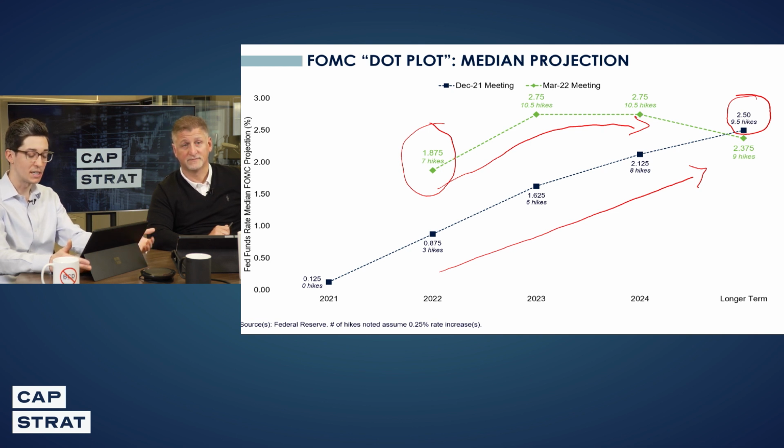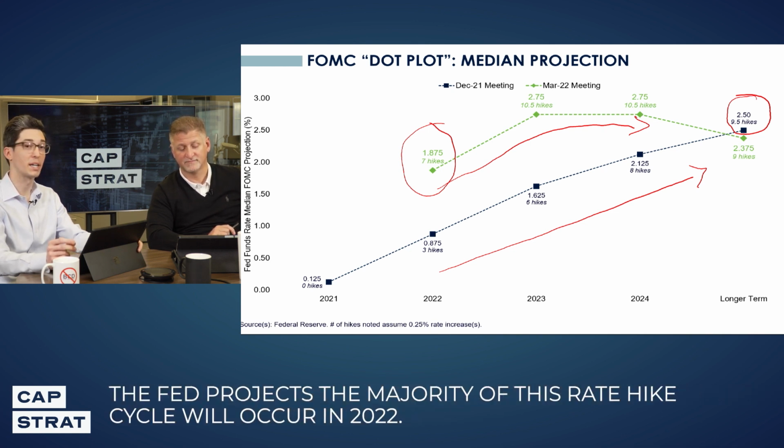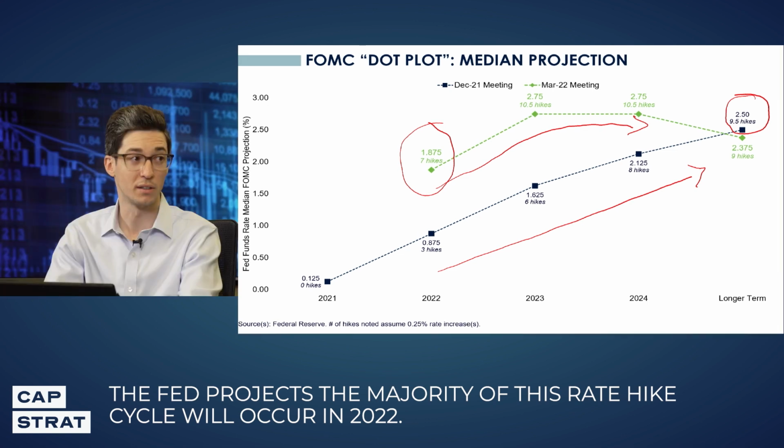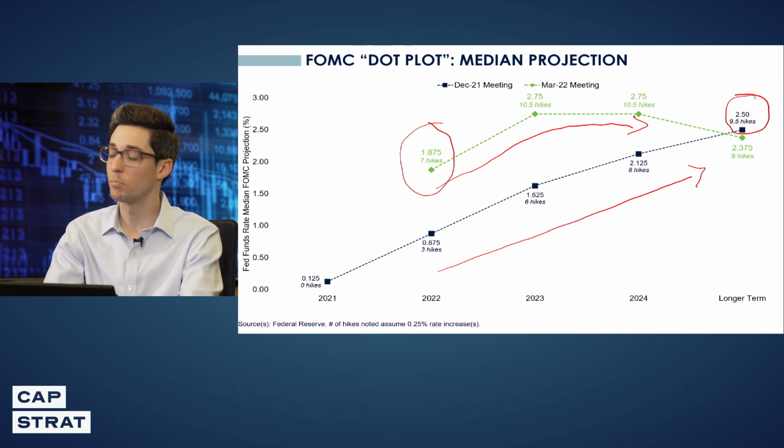And then they're going to continue their rate hike cycle into 2023, only about 3.5 more hikes. So saying we're going to do the majority of this rate hike cycle, we're going to get done with in 2022. It's going to be sort of fast and furious in terms of the rate hike cycle. And then we're going to pause through 2024.